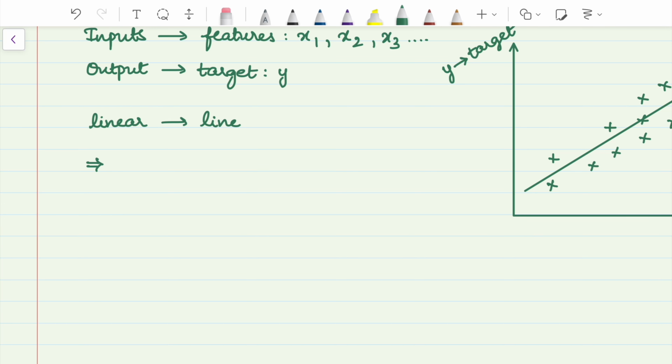How do we represent a line? The most common and well-known format is the slope-intercept format, where we represent the prediction of the variable y as y cap equal to mx plus c.